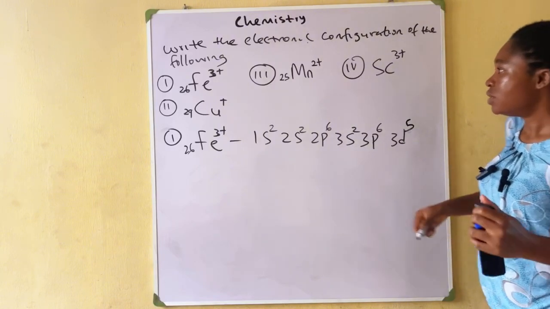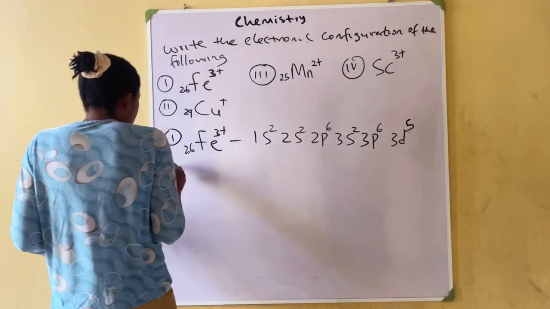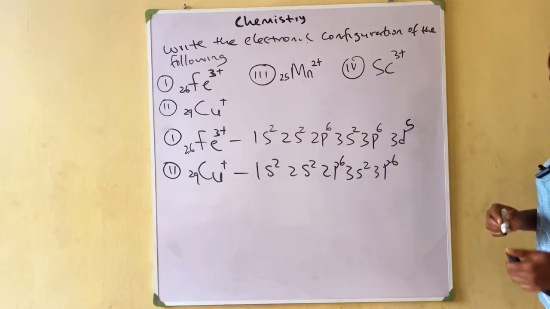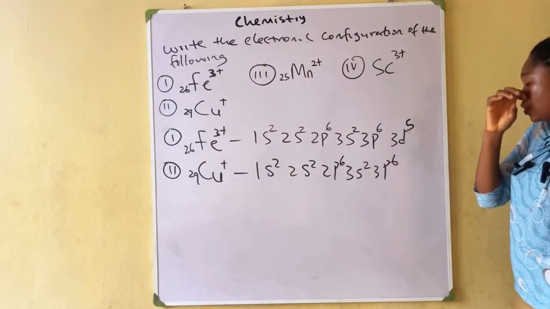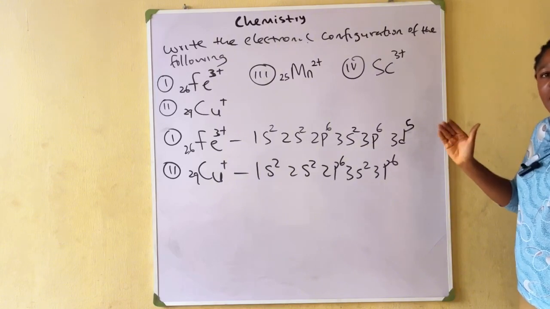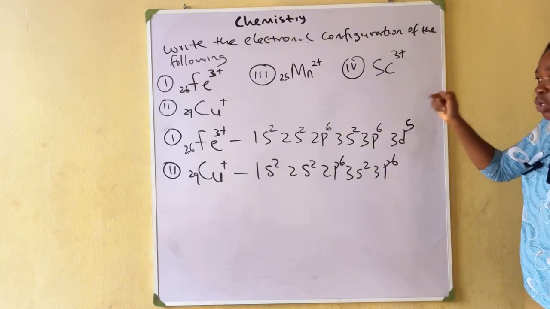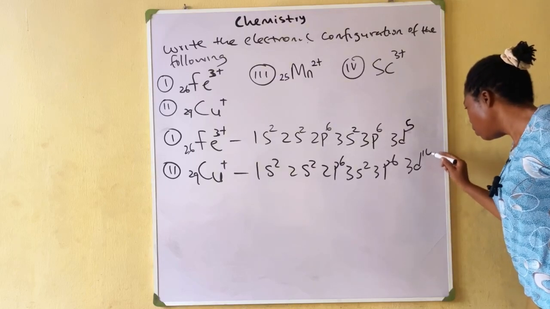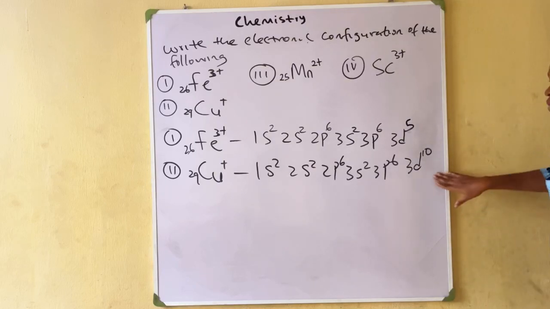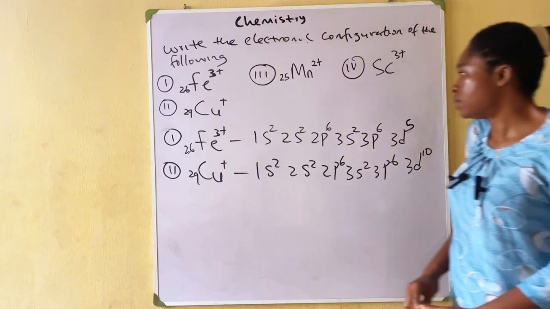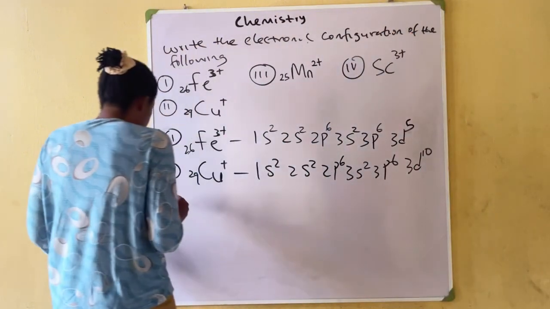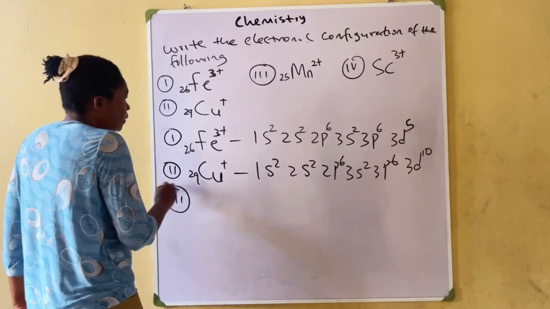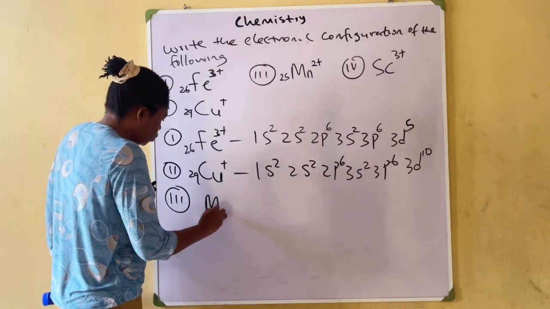Very, very important. Quick one for the second question, copper 2 ion. Remember, the copper atom is 3d10 4s1. So you're going to lose that 1 from 4s1, and this is the configuration for copper 2 ion. Third question, manganese 2 ion.